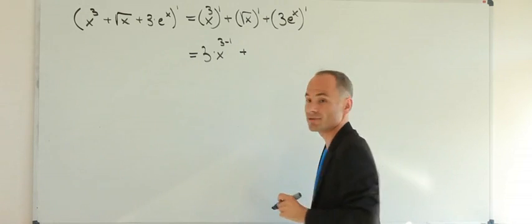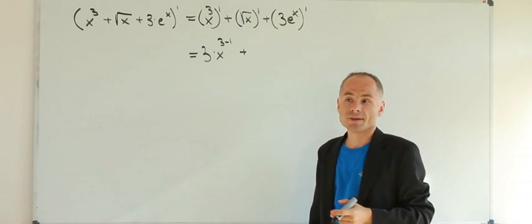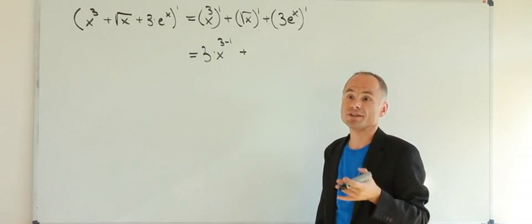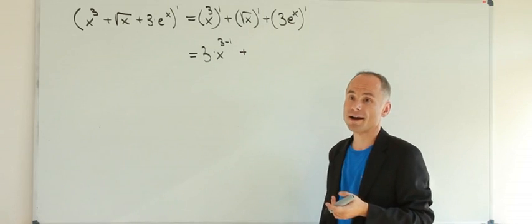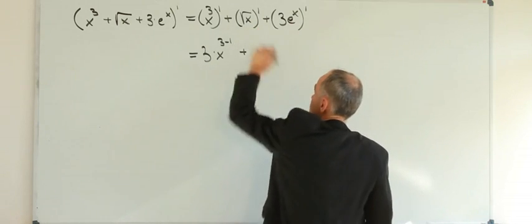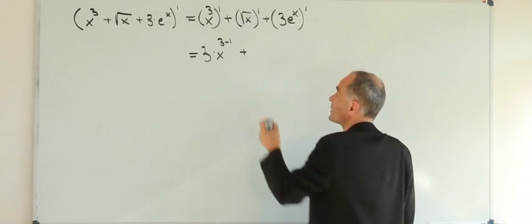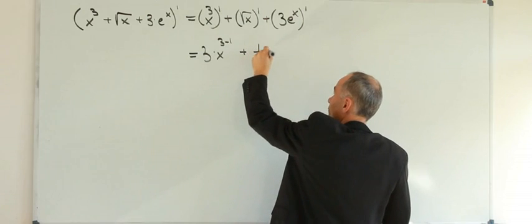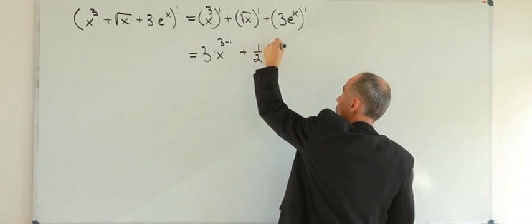Now I need to differentiate the square root of x. And remember that I mentioned that the power rule even holds for fractional powers. So I can rewrite this as x to the power 1/2. Then the power rule will give me 1/2 x to the power 1/2 minus 1.